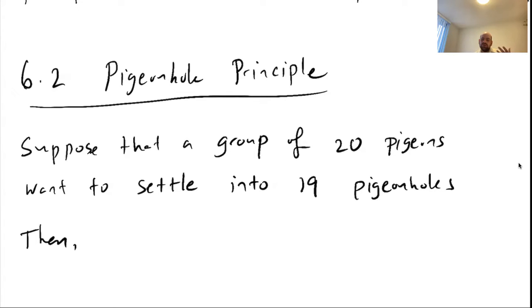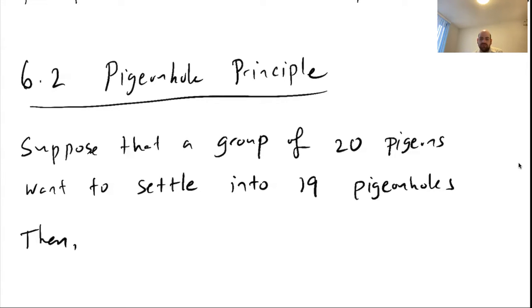For example, we can have one pigeonhole with, let's say, 5 pigeons, or let's say one pigeonhole with 10 pigeons. And then the remaining 10 pigeons could be distributed into other pigeonholes. And in that case, we have a few empty pigeonholes left.